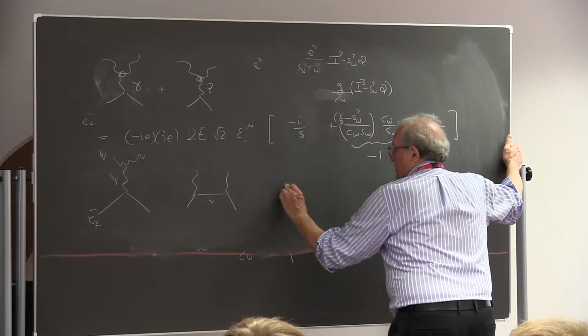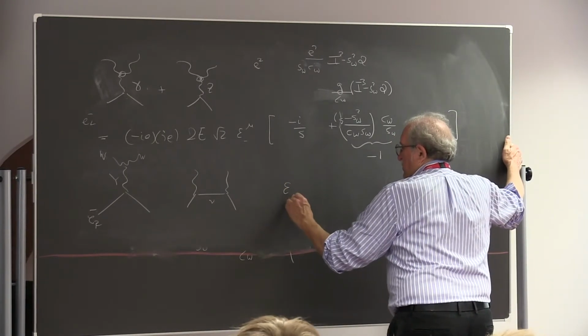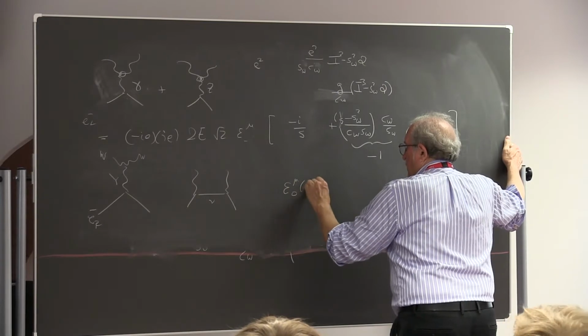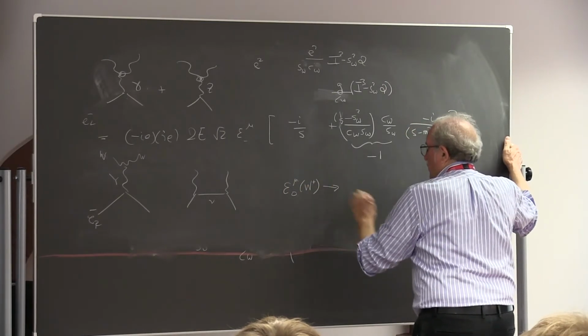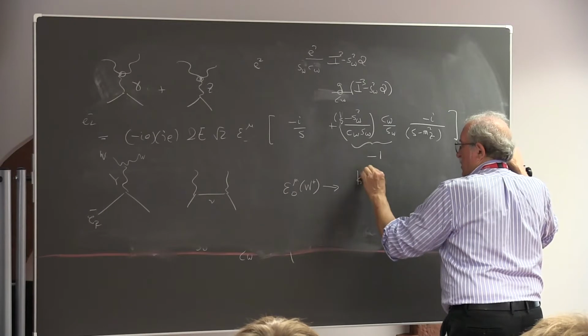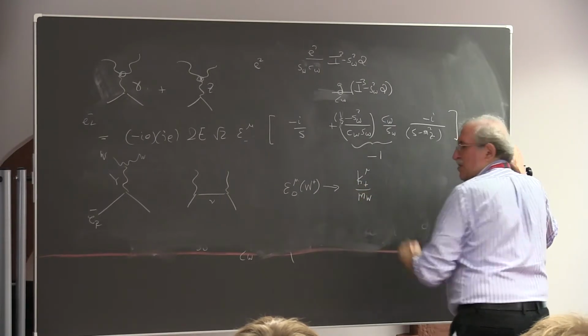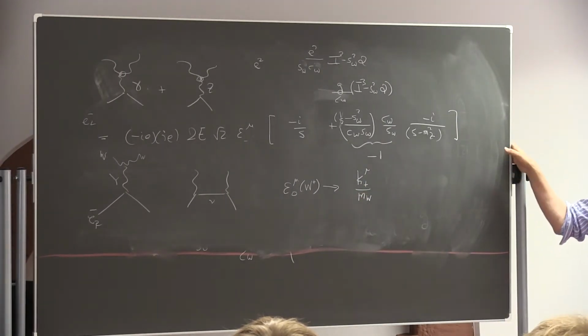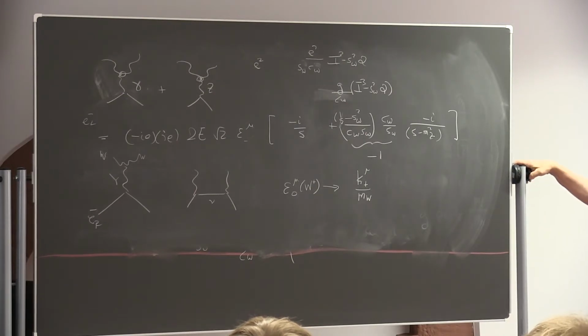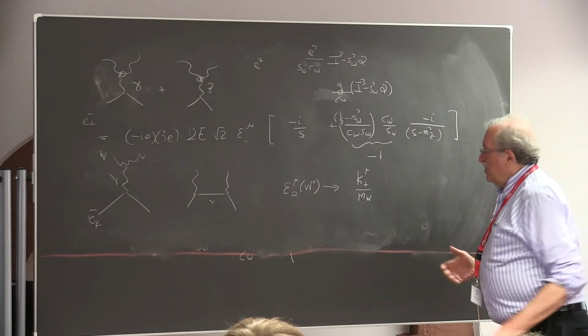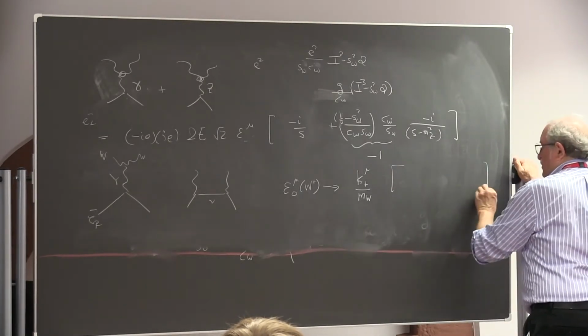What you want to do is asymptotically replace the W plus and W minus polarization vectors by K over MW, which is a good approximation when the W's are very highly boosted and S is very large. Then you need to write down the Yang-Mills vertex.